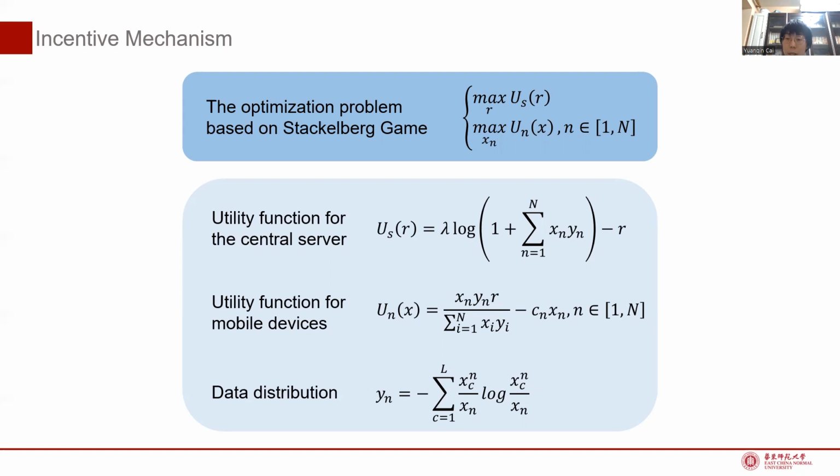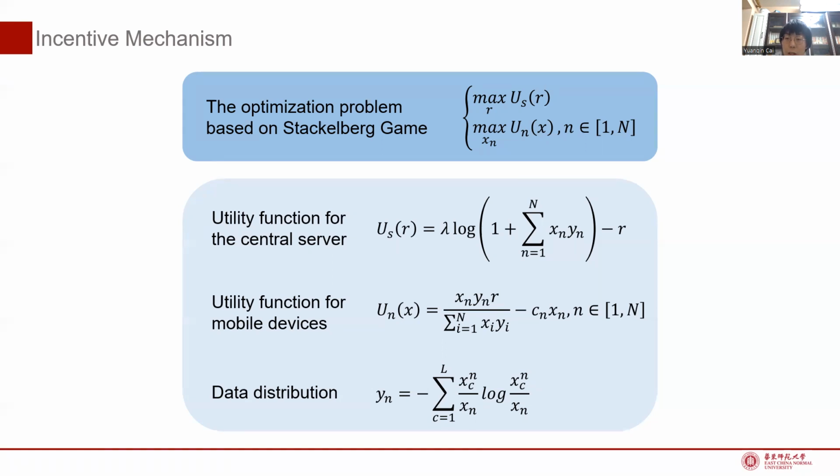Here, the server can be regarded as a company, and the mobile devices represent the users. Based on a Stackelberg game, we propose an optimization objective. That is, maximizing the utility functions of the server and the mobile devices. The former is the main optimization objective, and the latter is the secondary objective.